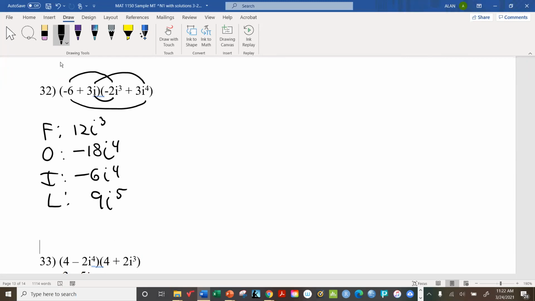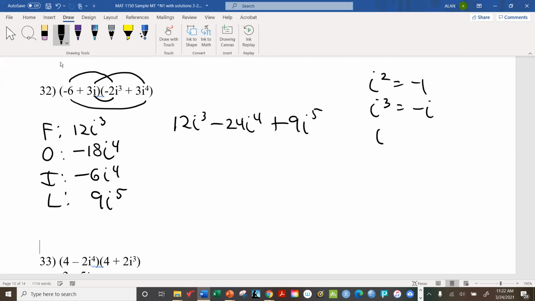Oh, man, this one is tough. 12i cubed minus 24i to the fourth plus 9i to the fifth. All right, so remember, i squared is -1, i cubed is -i, i to the fourth is +1, i to the fifth is just i.